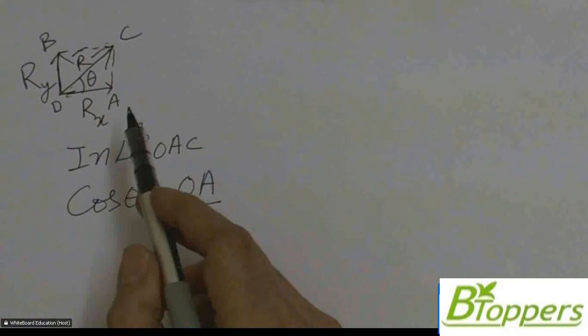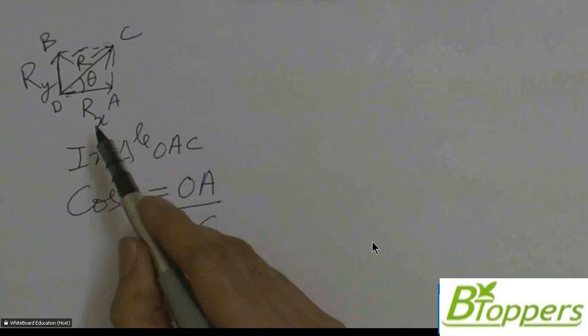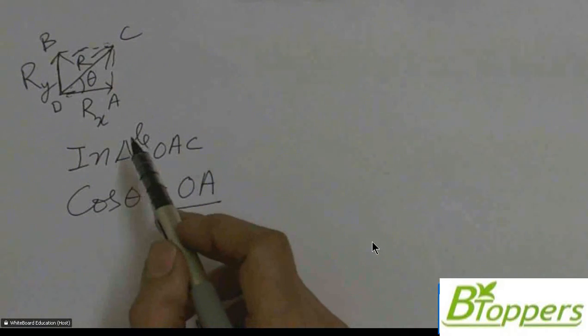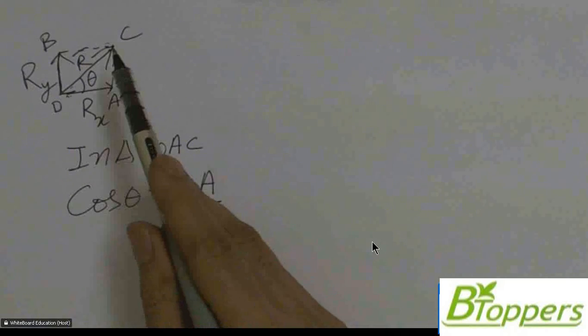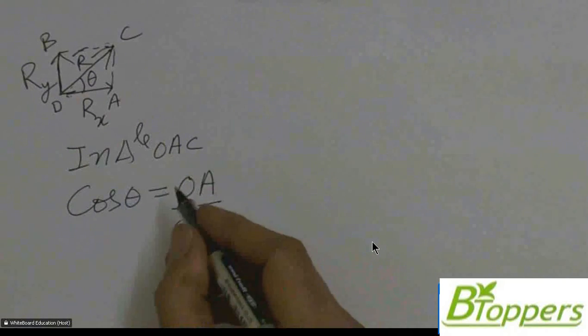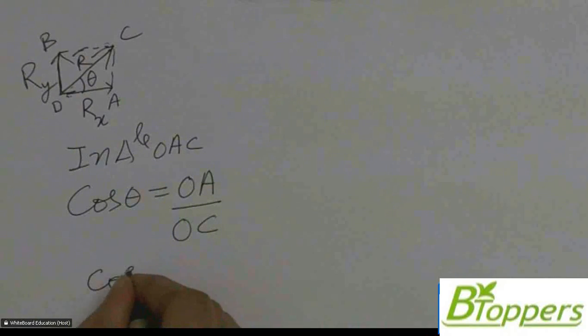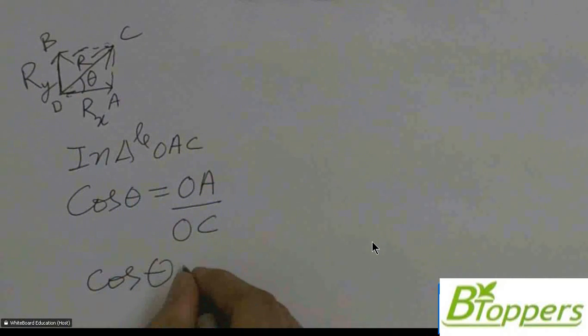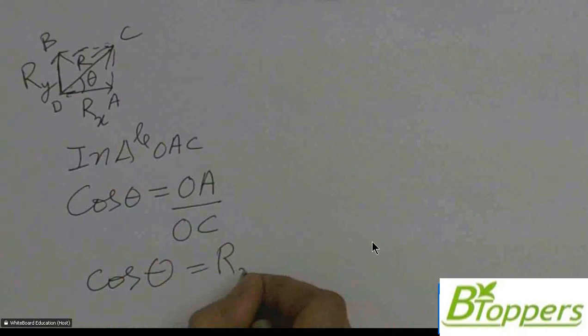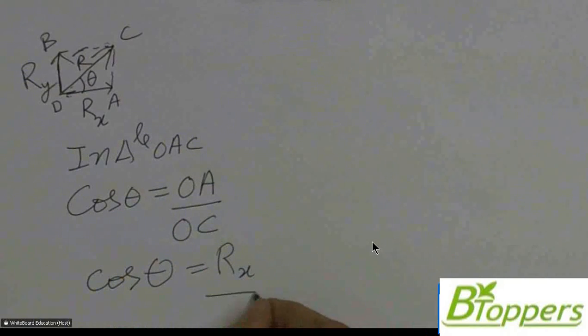Now in the figure, the length of the line OA is equal to Rx. And the length of the line OC gives you the magnitude of vector r bar. Therefore you can write cos theta equal to Rx by modulus of vector r bar.